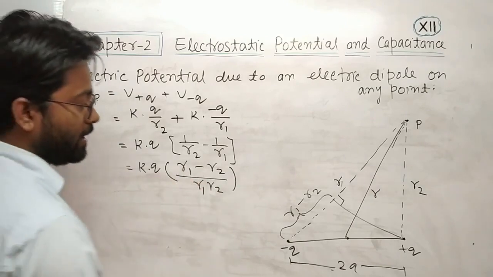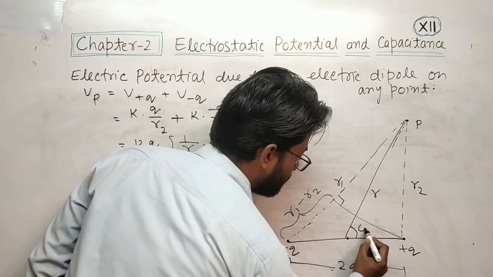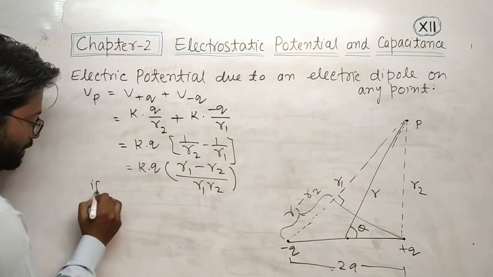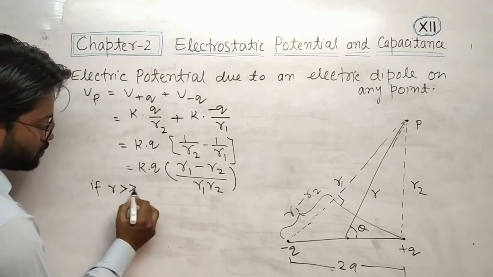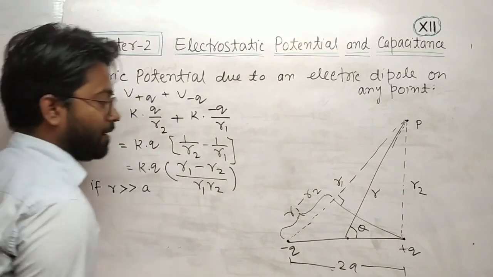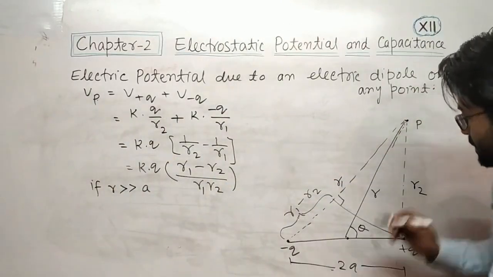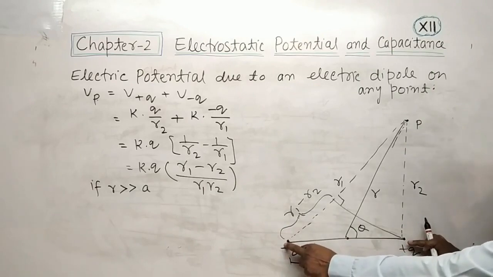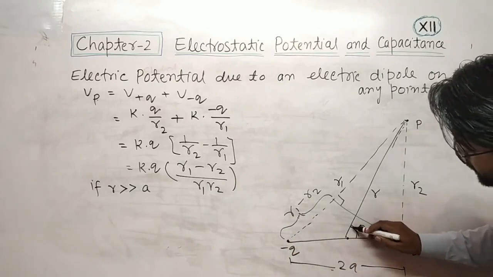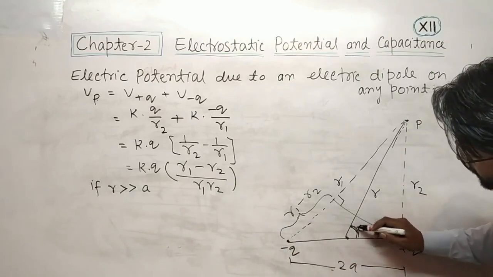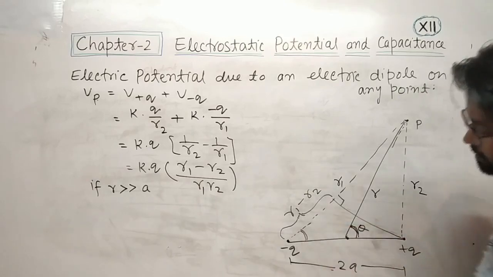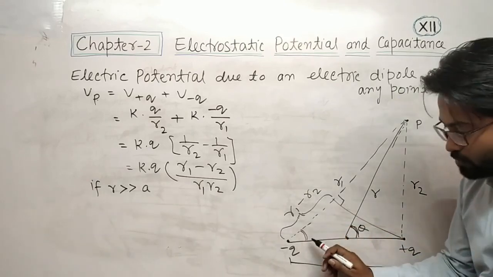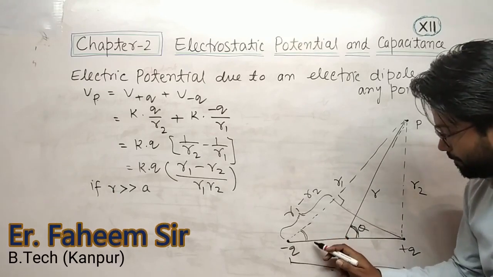If this is theta and if R is very much greater than a, meaning R is very large as compared to this length, then this theta is approximately equal to this angle, meaning this is also approximately theta.